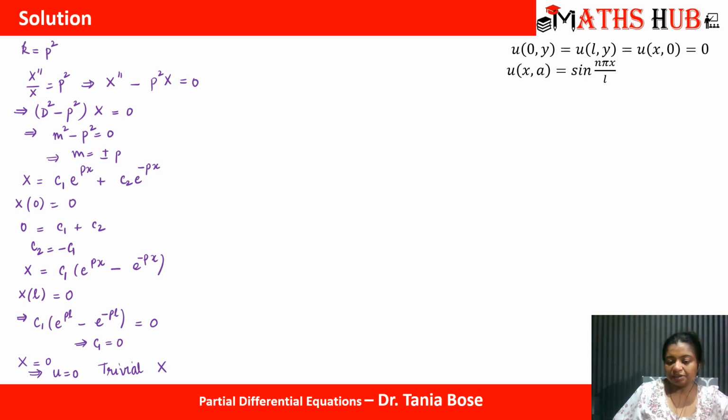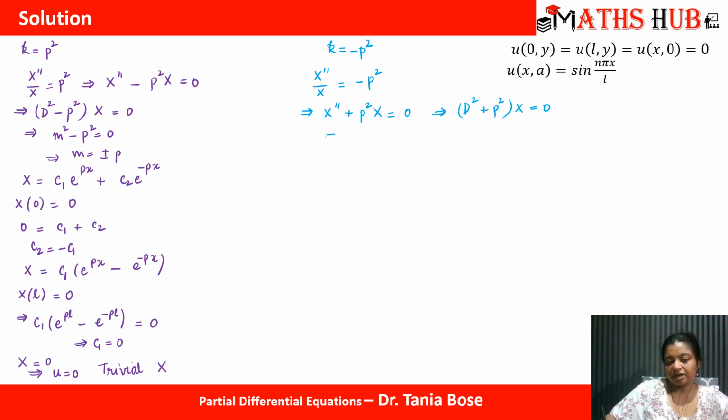So we take up the third case, that is when k is a negative number, that is k is equal to minus p square. So we have the condition x double dash by x is equal to minus p square. So we frame the equation x double dash plus p square into x is equal to 0. So this implies D square plus p square into x is equal to 0.